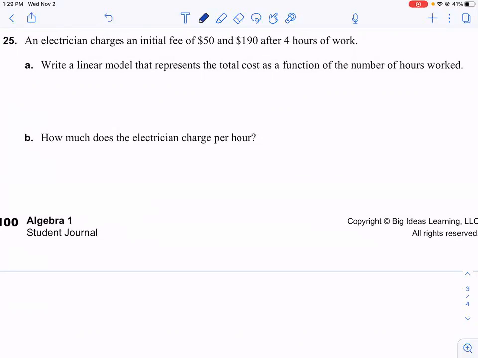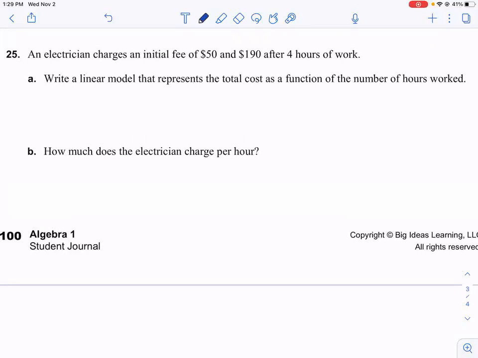An electrician charges an initial fee of $50 and $190 after 4 hours of work. The initial fee has already been paid, with the initial fee in there.